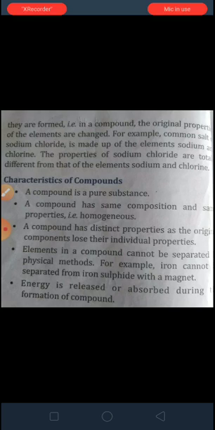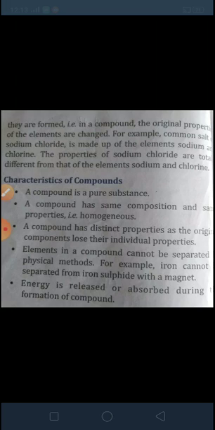Next, elements in a compound cannot be separated by physical methods. A compound is made up of two or more elements, but we can't separate the different elements from the compound.